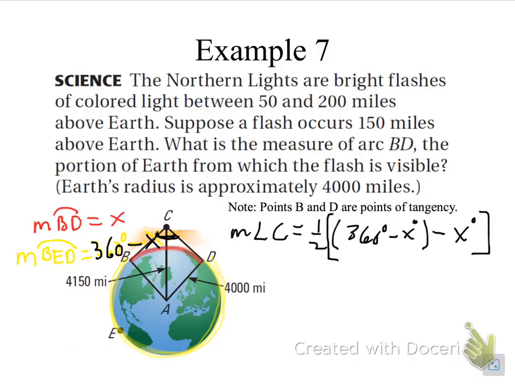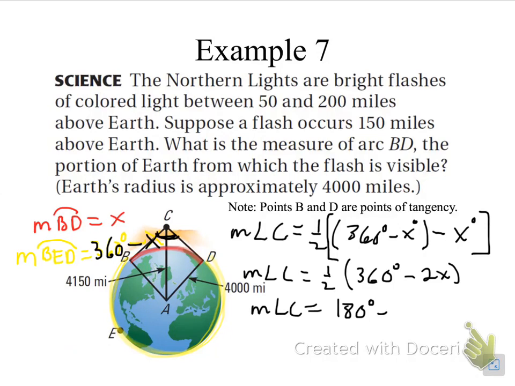Okay, so we've got that going there, but it's just not that helpful for us right now yet. So when I simplify this, half of 360 minus 2x, I get the measurement of angle C. It's 180 degrees minus x when I bring that in there.